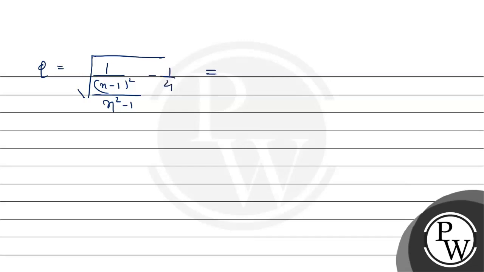Hmm, correctly, 1 upon (omega RC) square is eta square minus 1 upon (n minus 1) whole square, so it will be equal to square root of (eta square minus 1 upon (n minus 1) whole square) minus 1 by 4. So this is the quality factor, which is the required answer for this question.